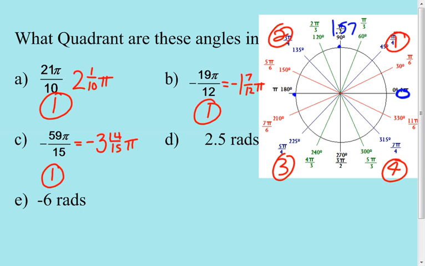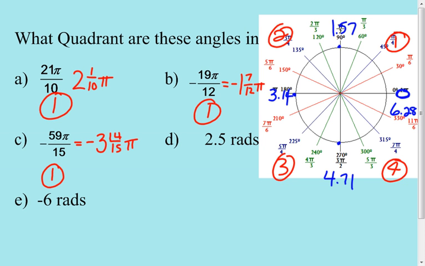Right here is pi, which we know is 3.14 radians. Down here is 3 pi over 2, so 3 times 3.14 divided by 2 is going to give you 4.71 radians, and if I go all the way around, 2 pi, or 2 times 3.14, is 6.28.